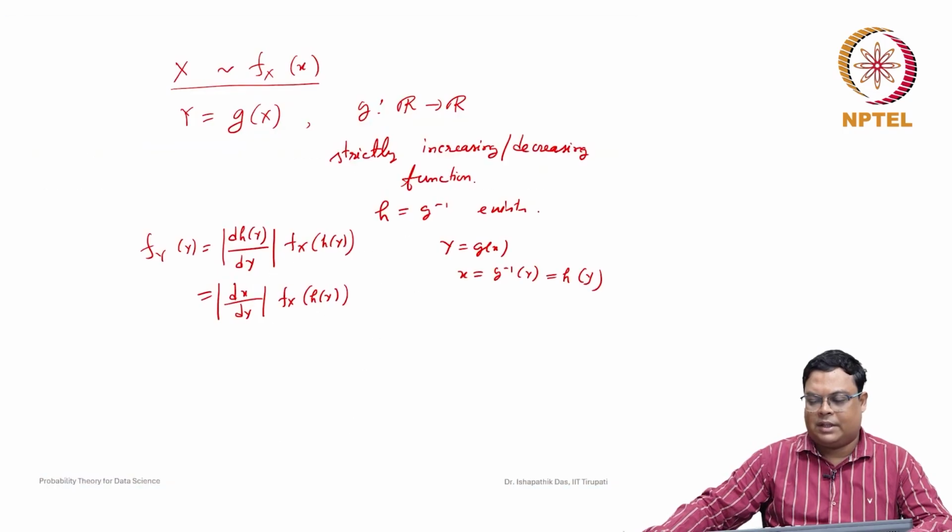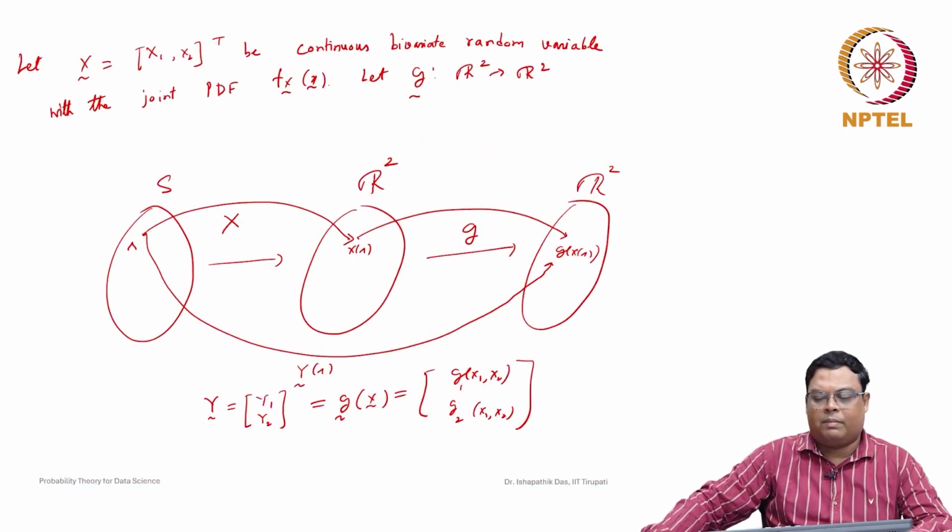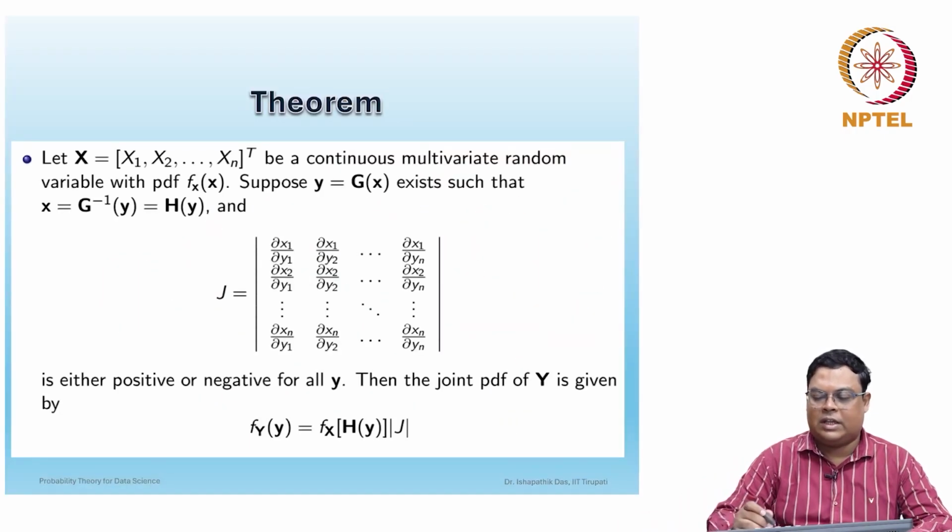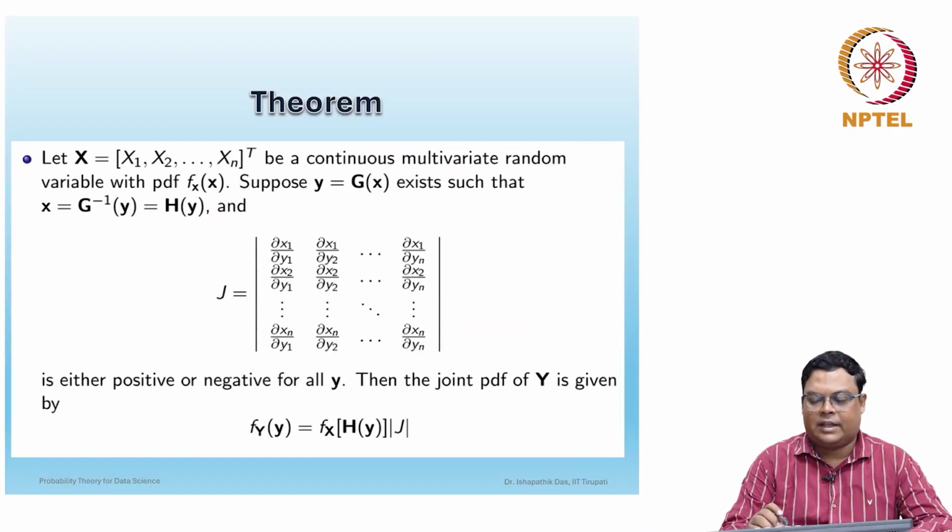I have just discussed it for a function of two variables, the bivariate random variable case, but it can be extended to n variables. Let X = (X1, X2, ..., Xn) be a continuous multivariate random variable with probability density function f_X.